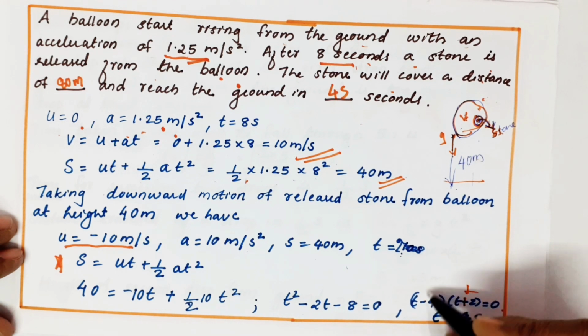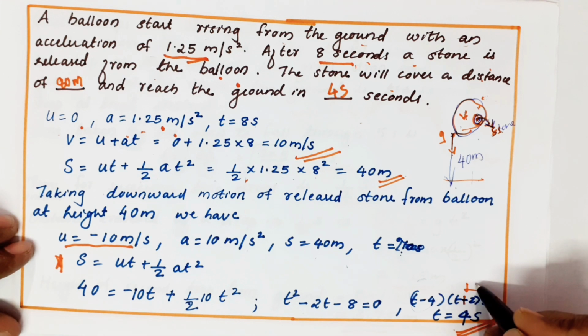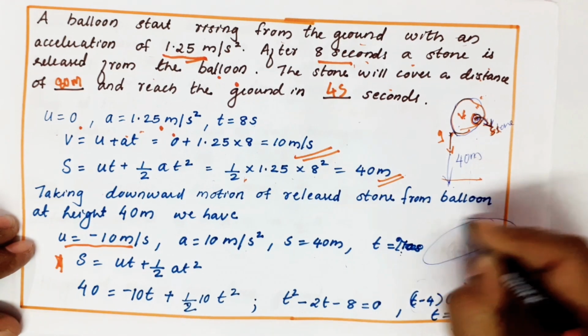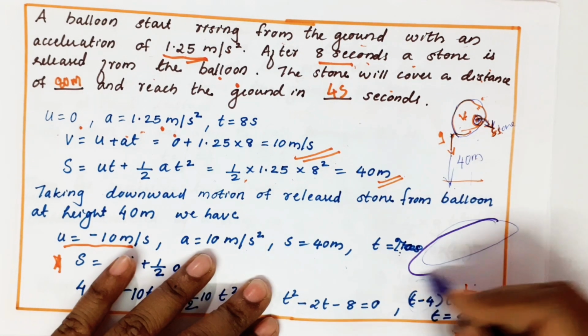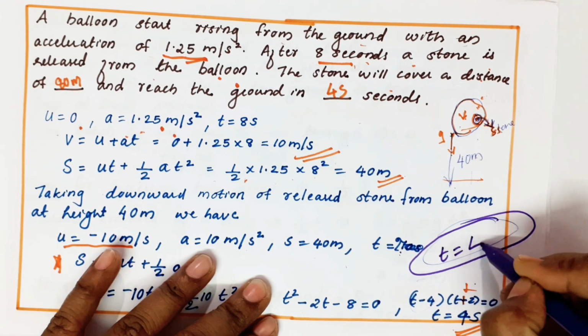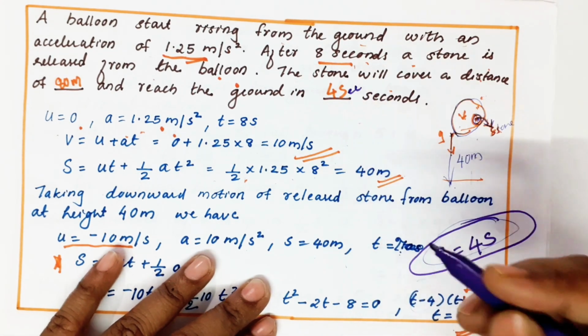If you solve this one, one time will be positive and the other time will come as negative. Negative time we don't consider. So I can tell that the stone reaches the ground at t equal to 4 seconds. That only I wrote here, 4 seconds.